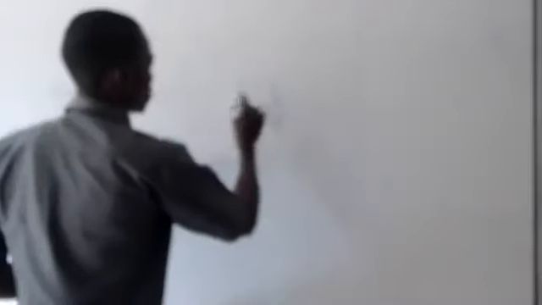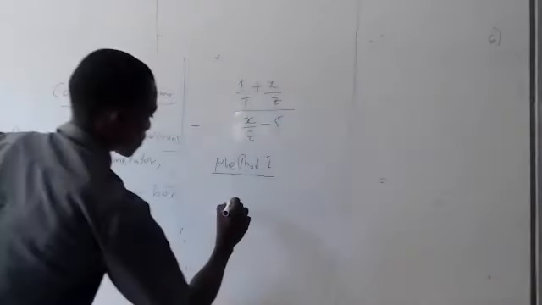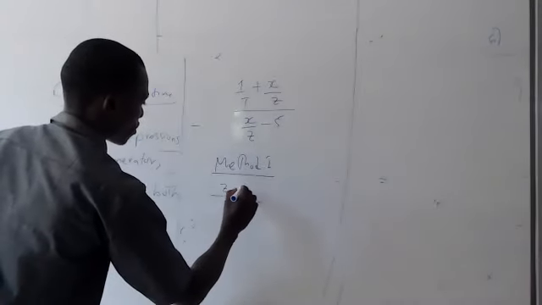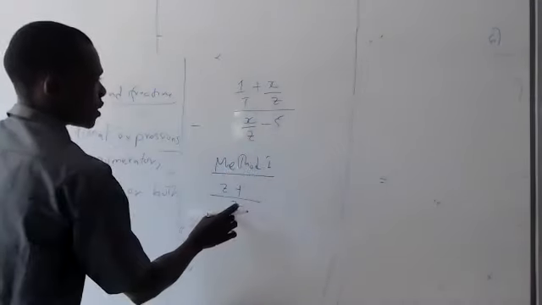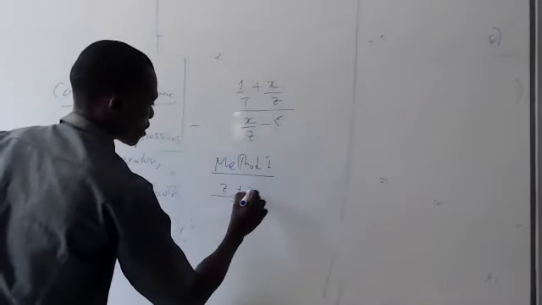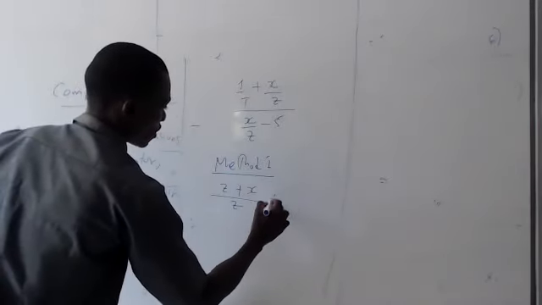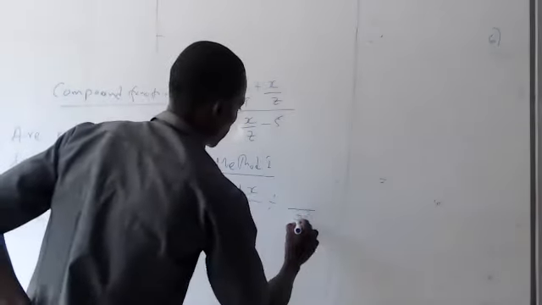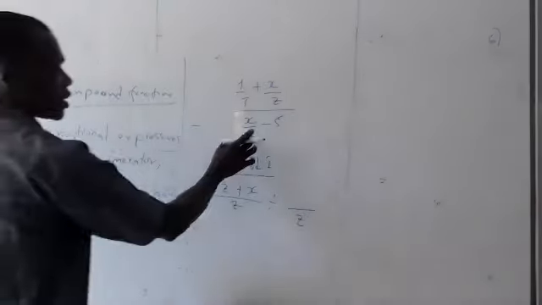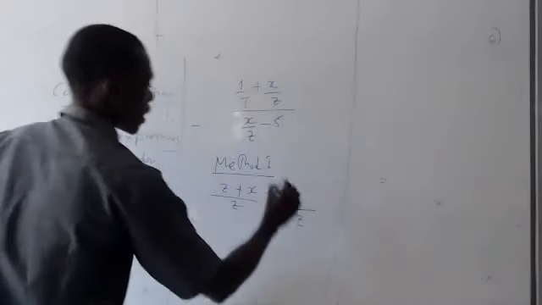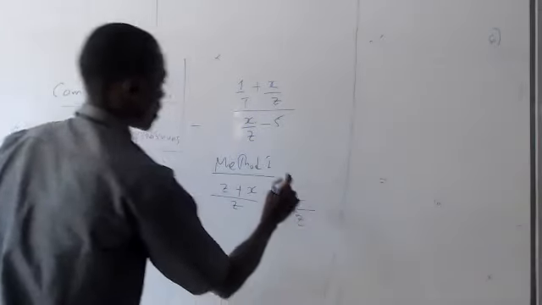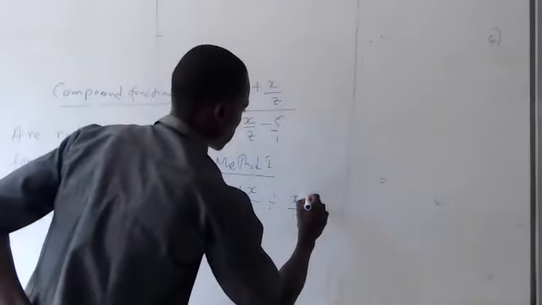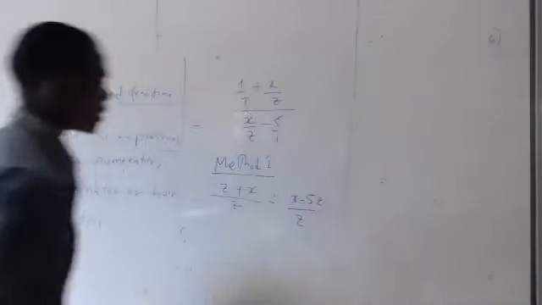So the LCM in the numerator is z. 1 divides z times, plus z divides z once, so 1 times x is x. We are dividing this by the denominator, for which the LCM is z. Z divides z once, so 1 times x is x, minus 1 divides z times, so z times 5 is 5z.